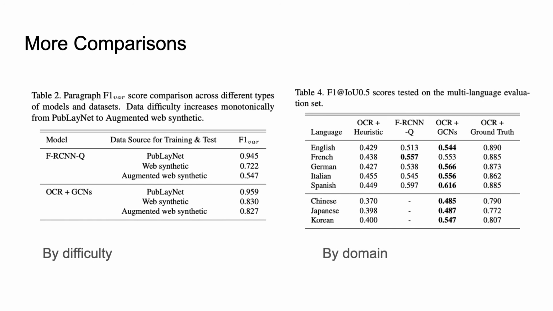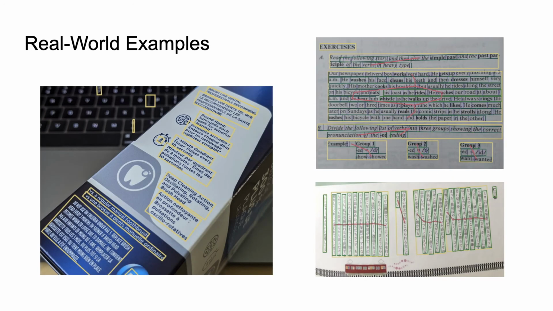Also, the GCN models are better at generalizing from the synthetic data to real-world data, as verified by our multi-language evaluations. Here are some real-world examples with variations on camera angles, layout styles, and writing directions.